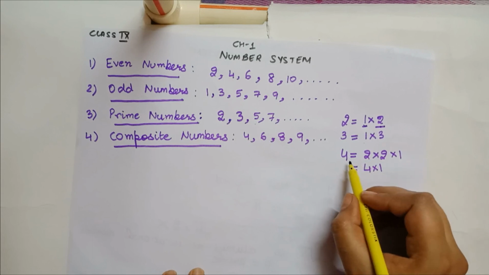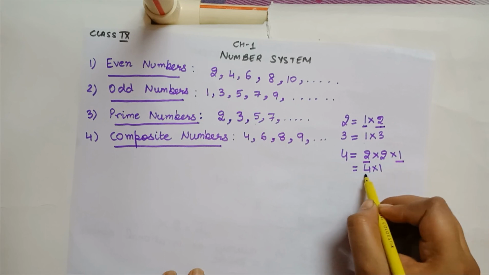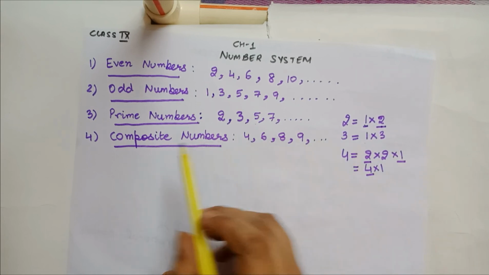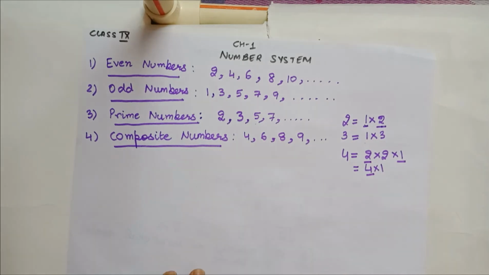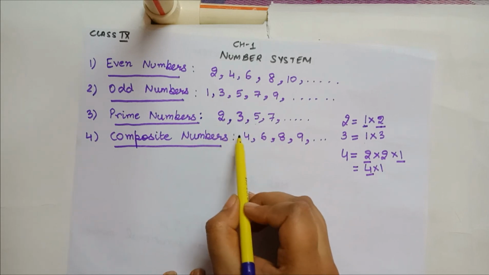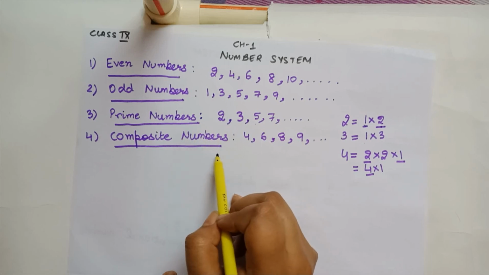So 4 has more than 2 factors, that is 2, 1 and 4 itself. So it has 3 factors. Therefore we call them composite numbers. And you can see that 1 comes in neither of these. Therefore 1 is neither prime nor a composite number.